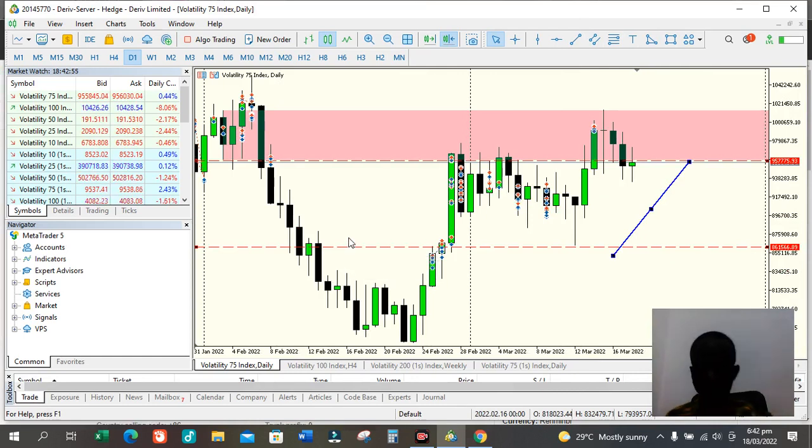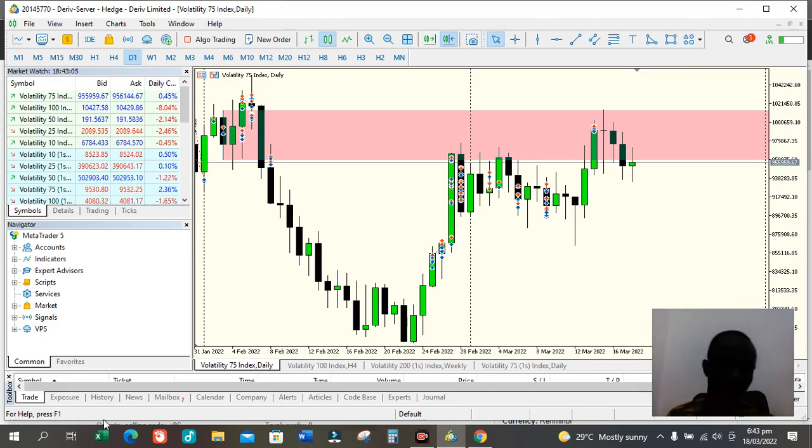So as I was saying, I'm waiting for price to come down to this level before it finally shoots up. I'm waiting for the low of this candle to be broken. So I want price to trade down and break this low.